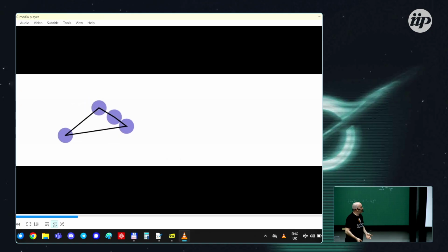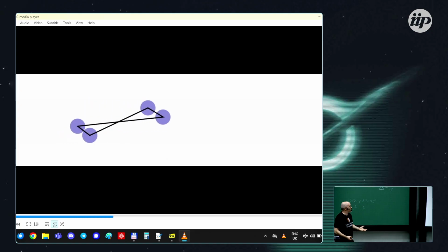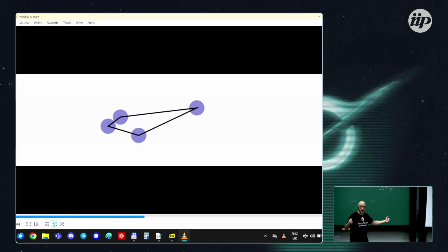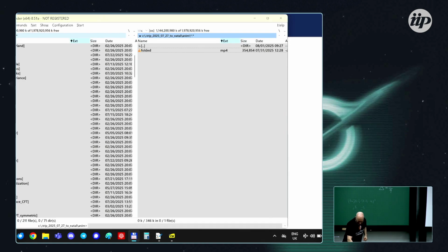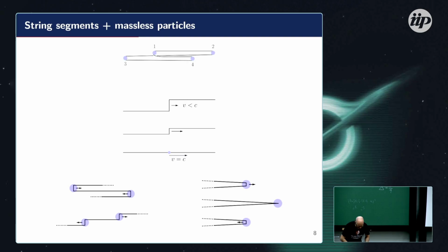For SYK, for kinematical reasons, we are interested in the case with only 2 particles, because the Feynman diagrams are somehow such that they cannot bind more than 2 particles. Okay, so when particles collide, nothing happens, they just pass through each other. And these are the bounces.